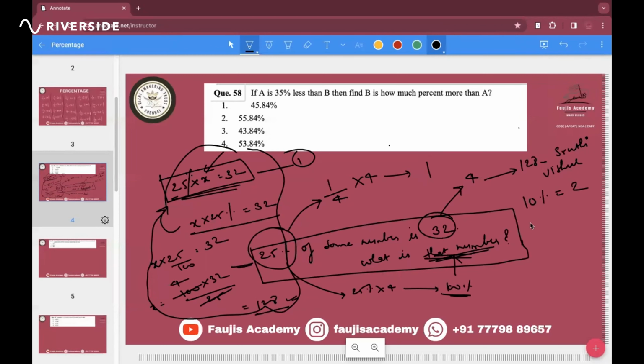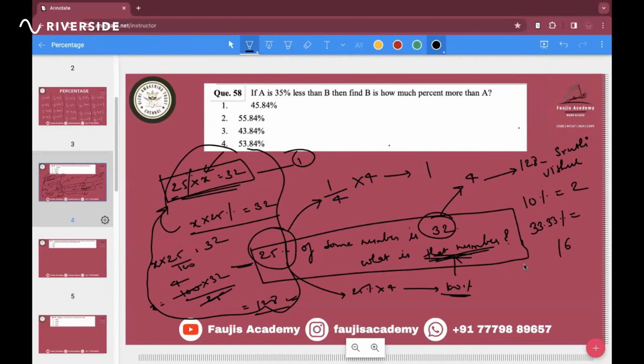For some number, if I say to you 33.33% is 16, so what is that number? What is that entire number? 48. So 48. No shame in that.